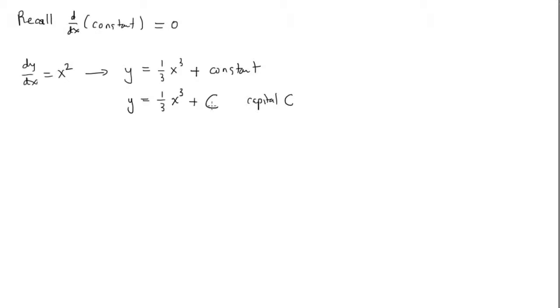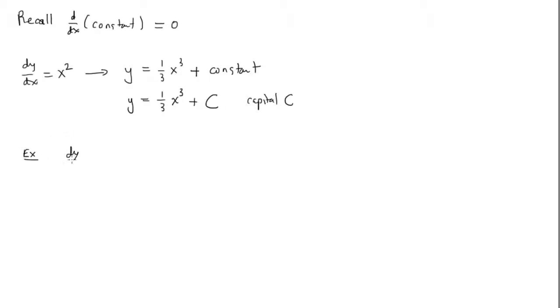It could literally be any constant that you want, and so rather than just picking a constant like 2 or 7 and writing it there, we'll just write C to represent that any constant could be there. Now later we'll figure out how you can determine what constant is necessary if you add additional information, but for now we'll just leave it as a constant. Okay, so let's go back to what we were doing, and let's work another example.